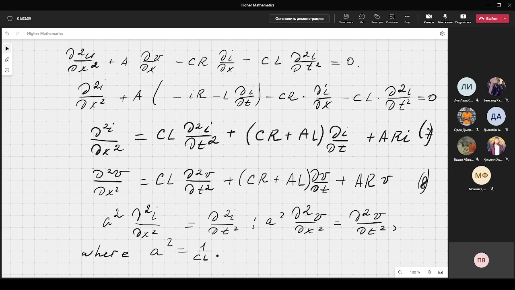The physical conditions dictate the formulation of the boundary and initial conditions of the problem.